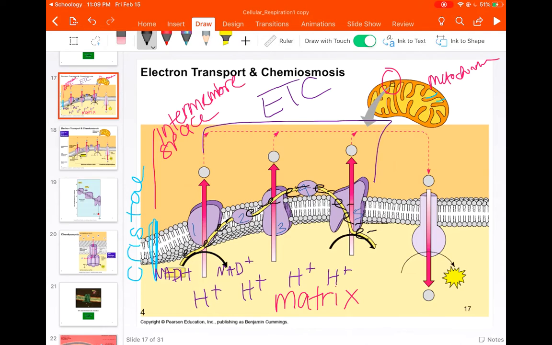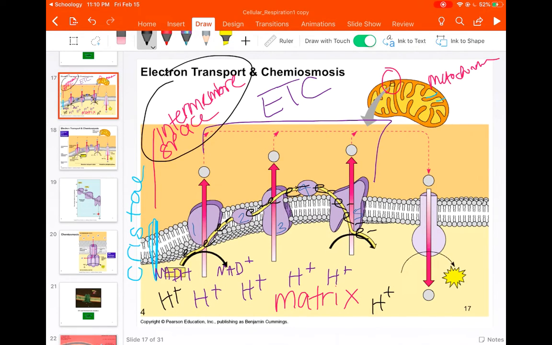So you have a bunch of hydrogen ions coming inside, right? Because of NADH bringing them in. The problem is that you have created a concentration gradient. So now these hydrogen ions naturally want to go into the inner membrane space because there's a concentration gradient. And on these proteins, you see these pink arrows.